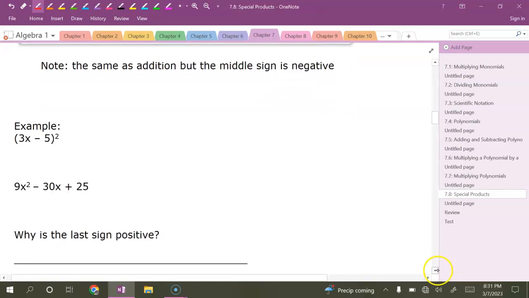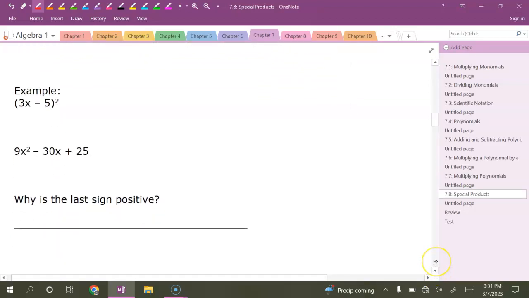So we can follow the same rules that we did where we take the first term, which is the 3x, and we square that. Again, you can put that in parentheses, and that's going to come to be 9x squared. I'm going to jump ahead here a little bit. I'm going to take this 5 and square that. So 5 squared, and that's how we get the 25. And then for the middle, you're still taking those two terms, 3x and 5.